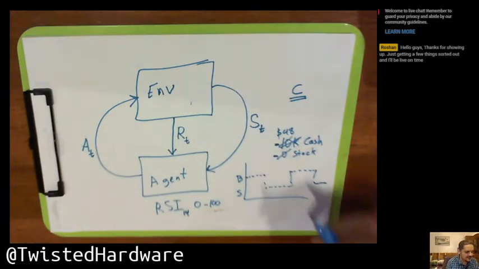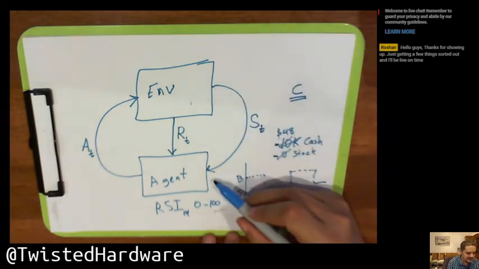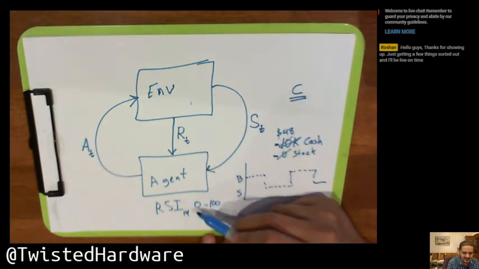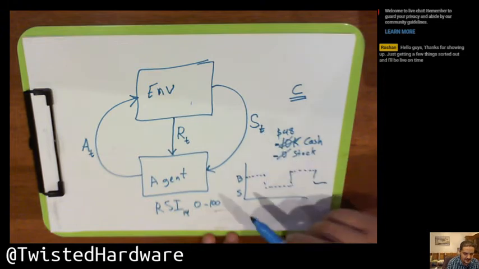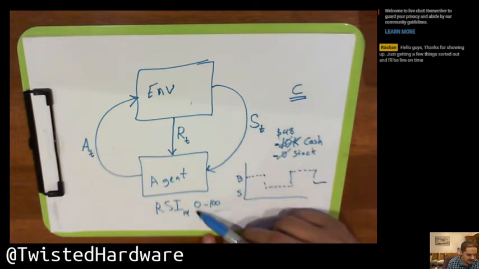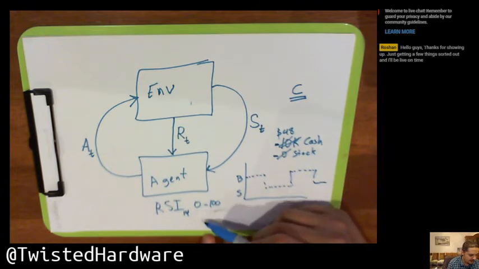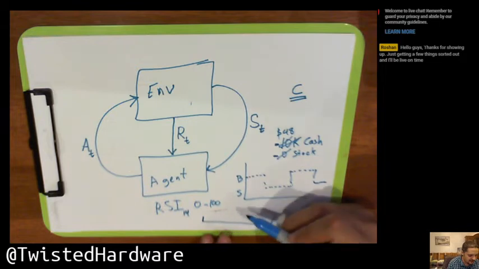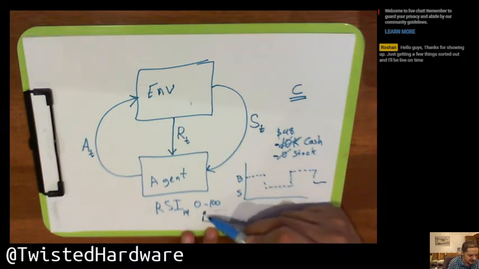In here, when we say the state is RSI, I'm not going to actually feed the RSI as the state. What I'm going to feed as a state is I will take RSI and check which interval the RSI falls into.